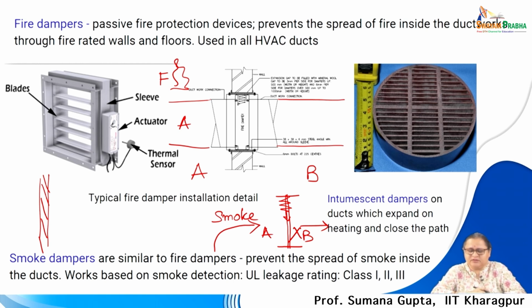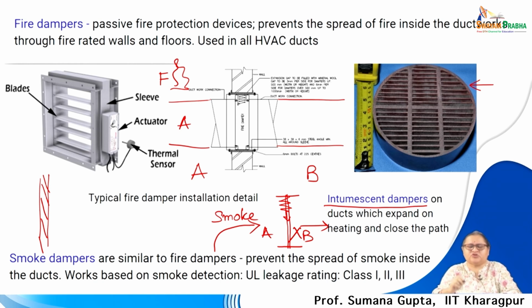Side by side we can see another duct in this picture, of a smaller scale, having a grill on top of it. What is that grill doing? That grill is painted with intumescent paint and is called an intumescent damper.